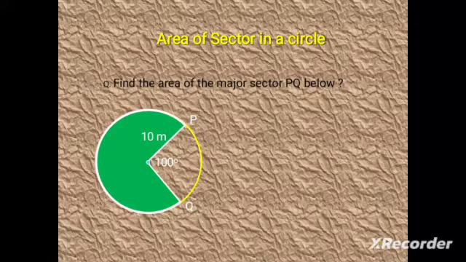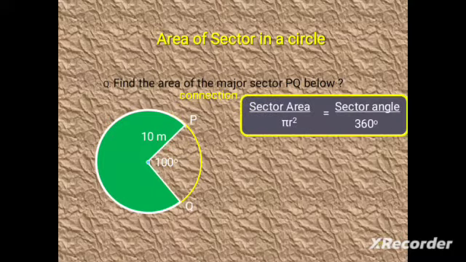Now we want to find the other part of the circle, that is the major sector, subtended by the angle 360 minus 100 degrees, that is 260 degrees.